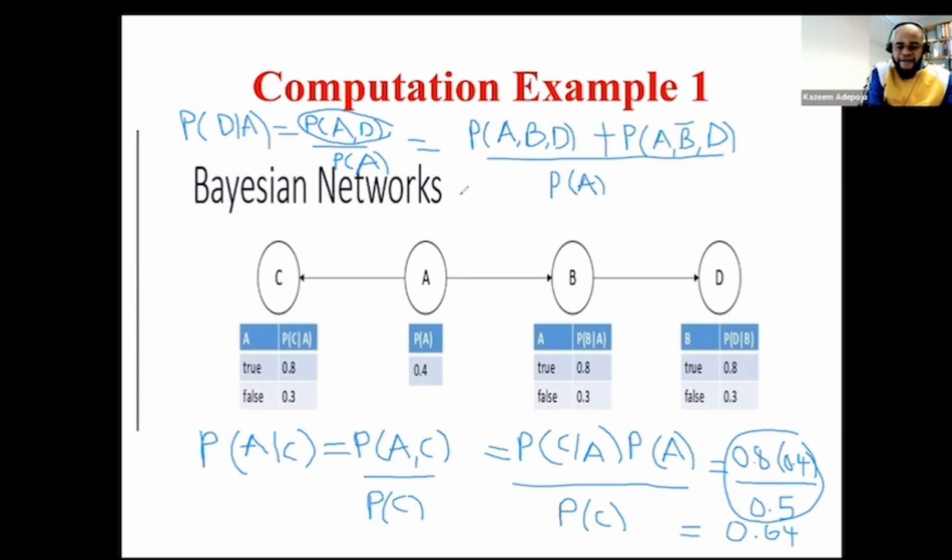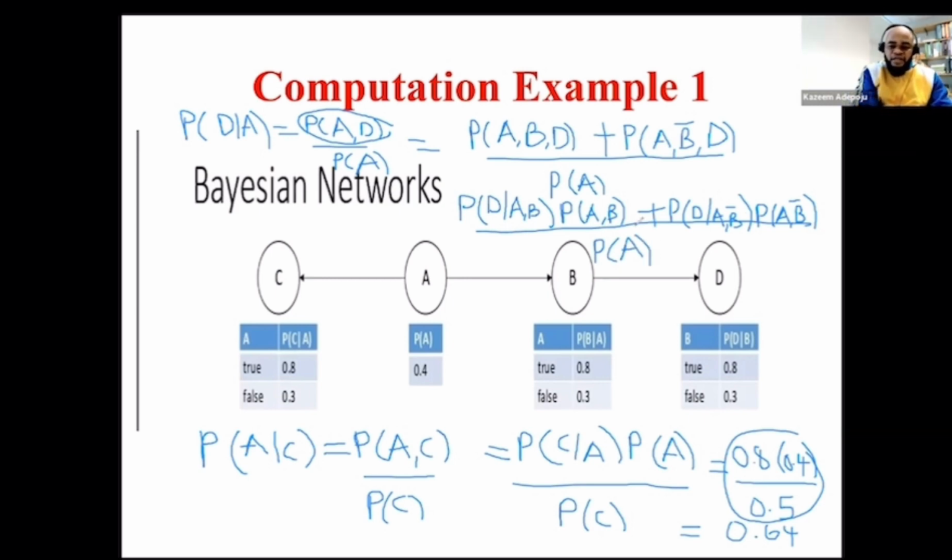So I can rewrite this as the probability of D given A, comma B, multiplied by the probability of A comma B. I'm going to do the same to this guy here, so I'm just going to have the probability of D given A comma B complement, multiplied by the probability of A, comma B complement, and this divided by the probability of A.